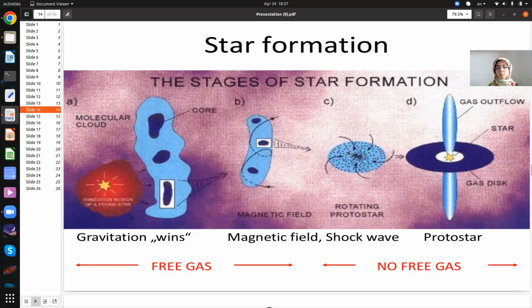Maybe the rotation is because of the shock wave, or some star passing through this way, or jets. So at last the rotation happens, and then we have gas outflow. There are jets, we have a star, we have a disk, as you see here, protostar.